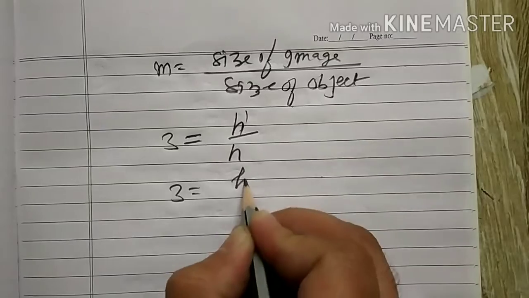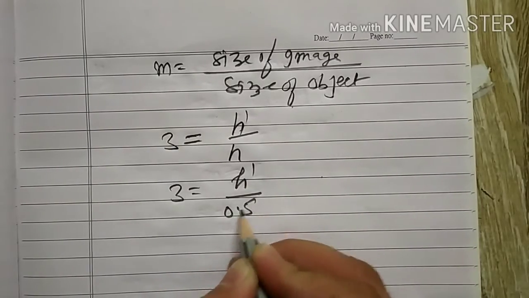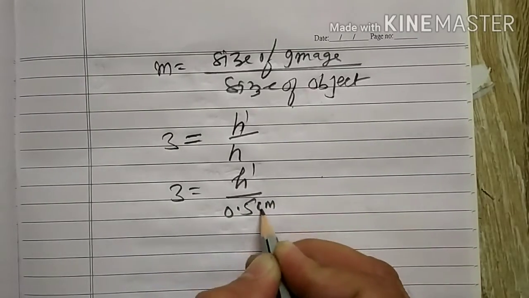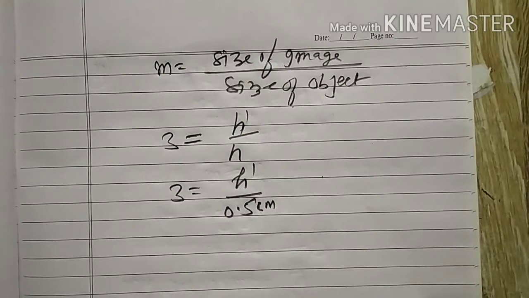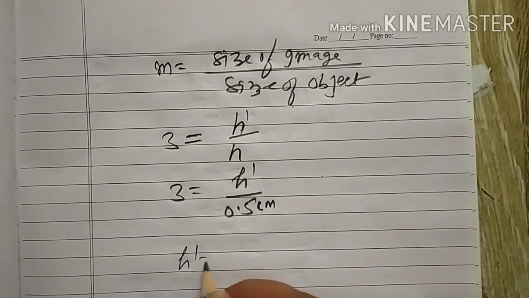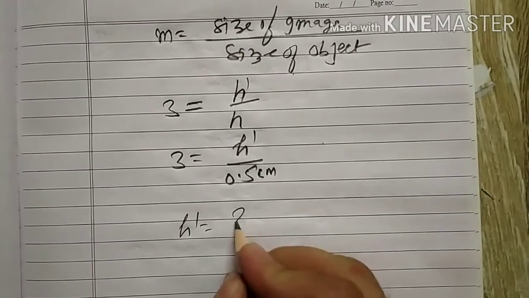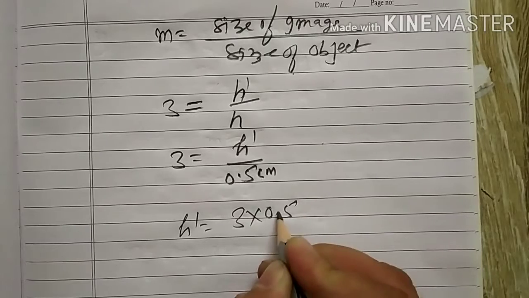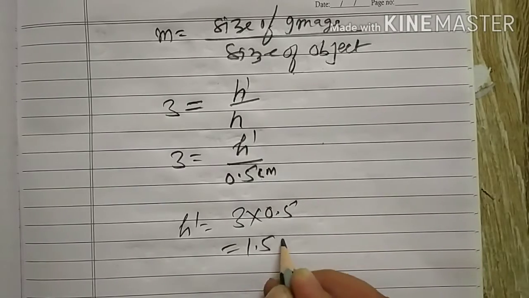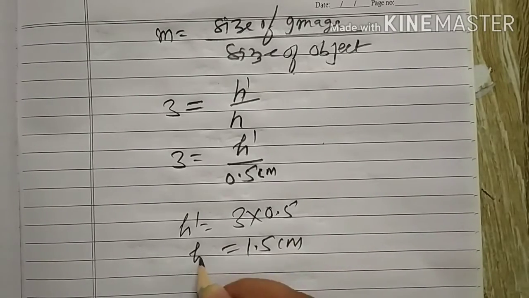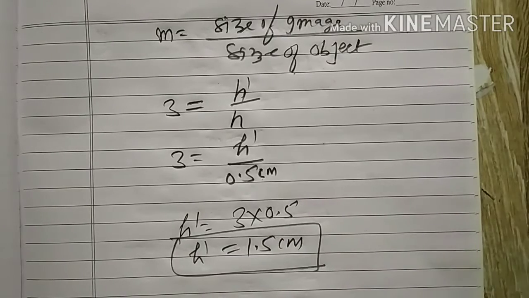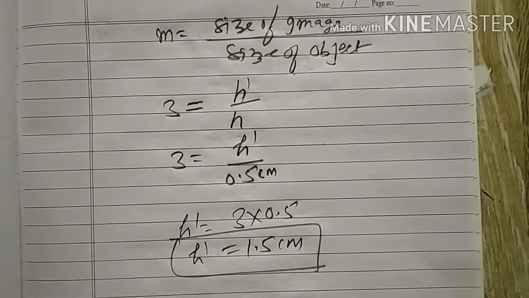They are saying the print was 0.5 centimeter high. So h dash, the image, will be 3 into 0.5. So 1.5 centimeter high image will be there of the printing, so that you can read nicely with the help of the lens.